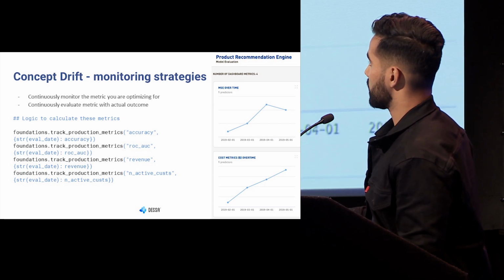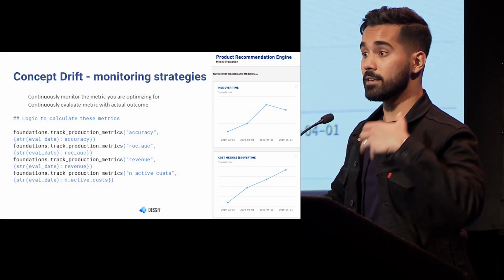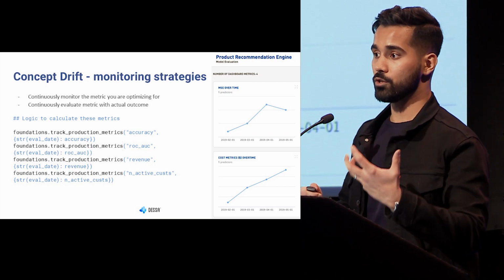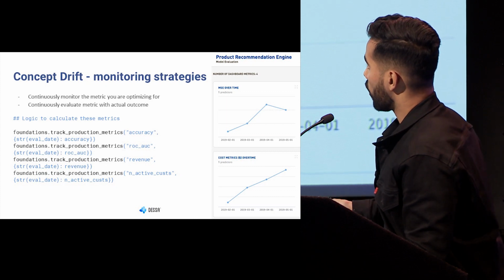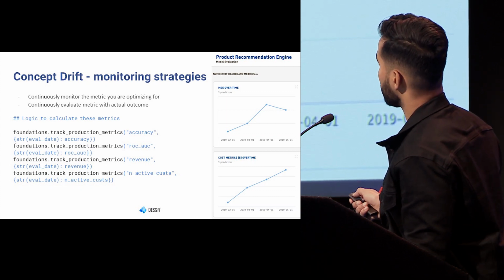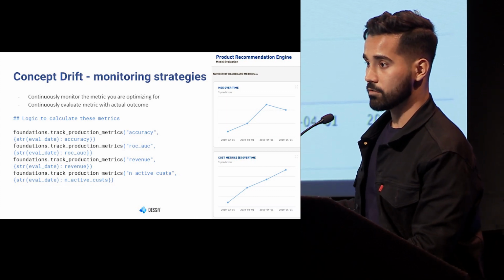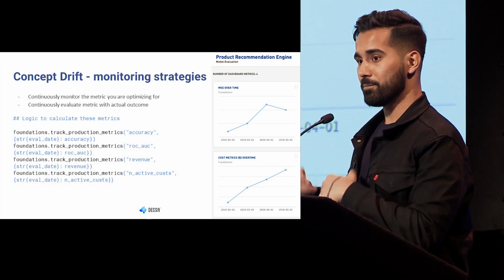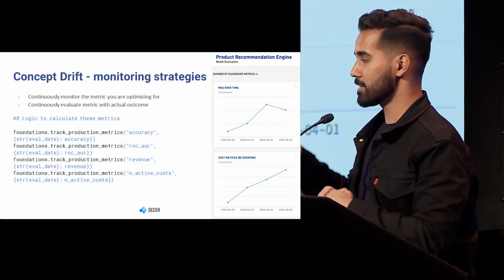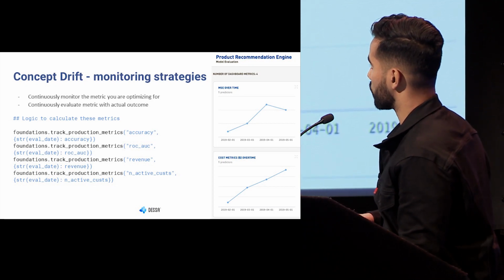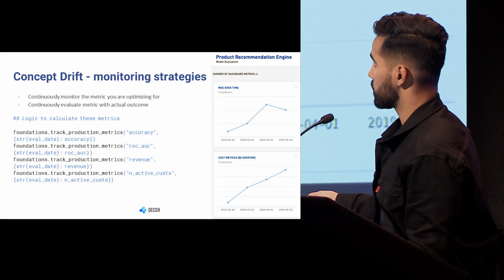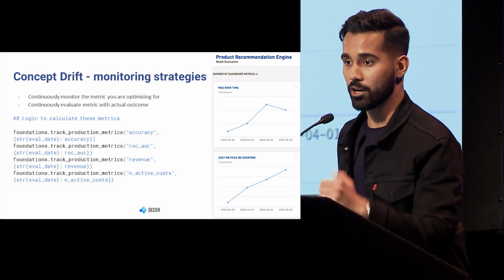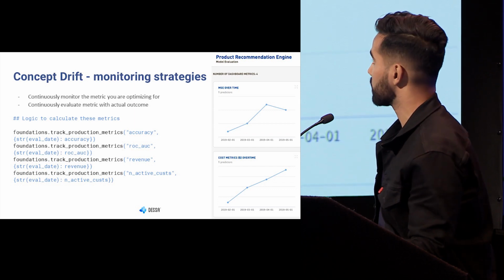Whether it's accuracy, the revenue, number of active customers, anything that the data scientists have the power to decide which algorithm or what to use to tie into the business metric. All of these things eventually get fed back into the validation report, right? Which gets monitored on a continuous basis, right? And the way we do continuous is something I'm going to define shortly. But you can use something like this, or you can also use something like Datadog if you're already part of the Datadog ecosystem, right?